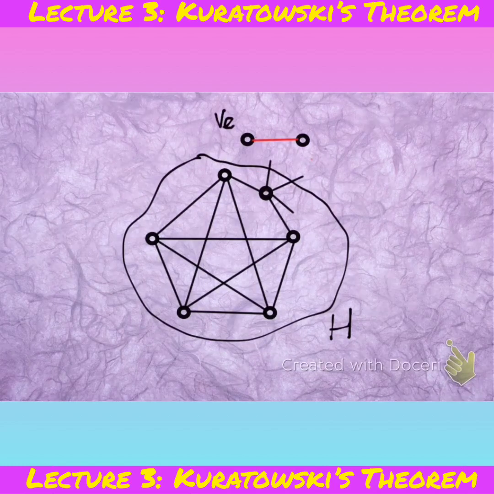So we get the graph G, and it is clear that G is going to contain a Kuratowski subgraph, which in this case is going to be H. So that's a contradiction because we assumed that G does not contain a Kuratowski subgraph. So that vertex V subscript E must lie on the graph H.